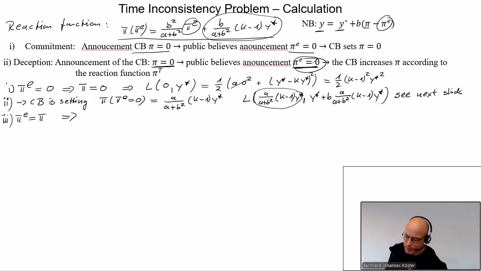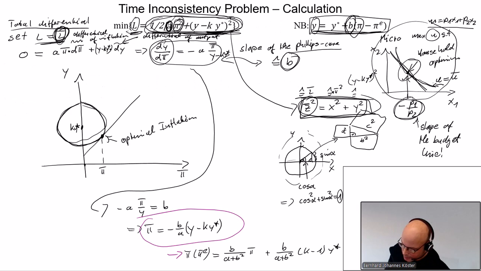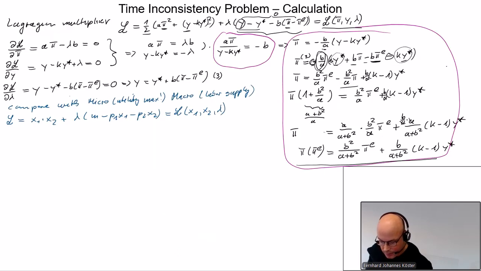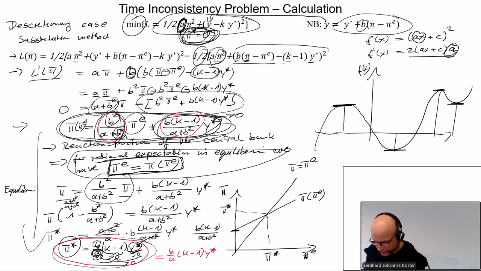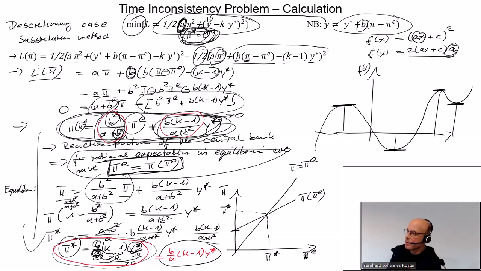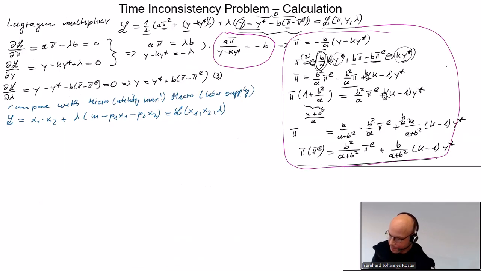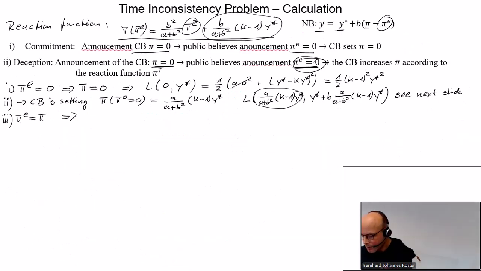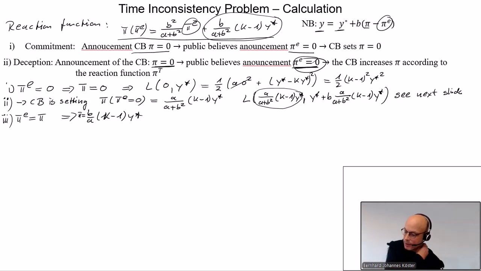For this we have calculated the level, so this is B over A times K minus 1 Y star.